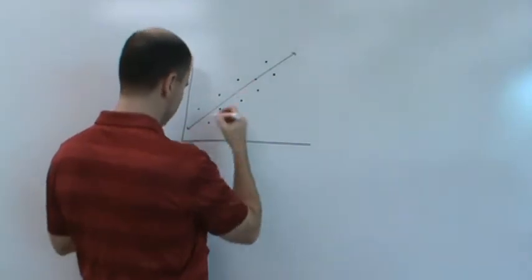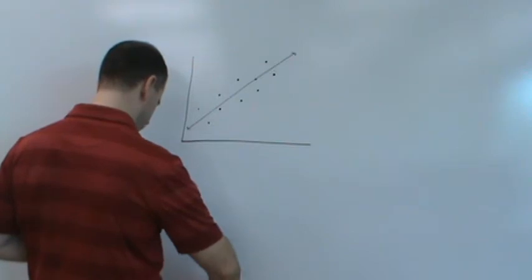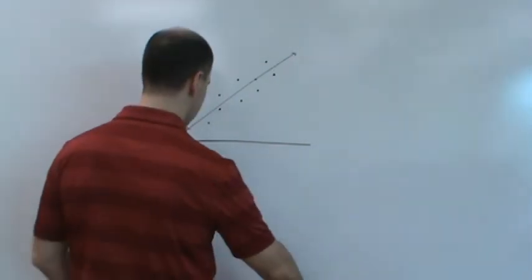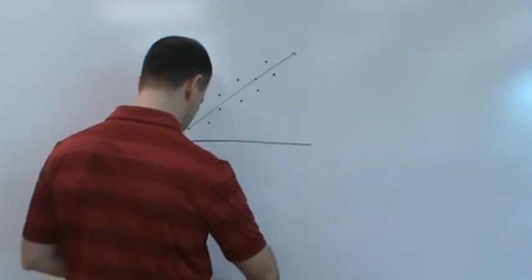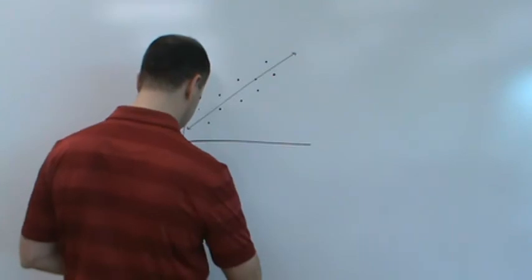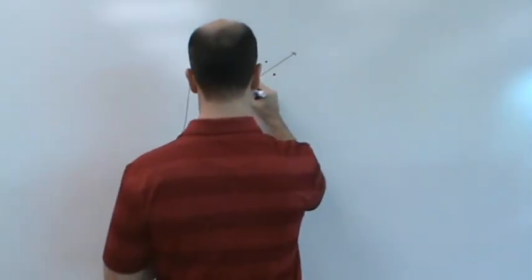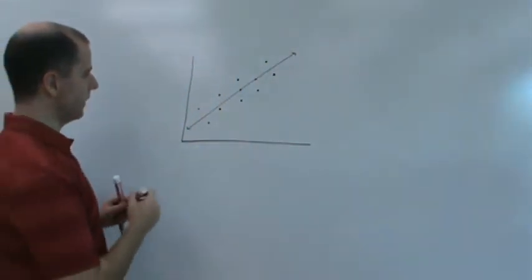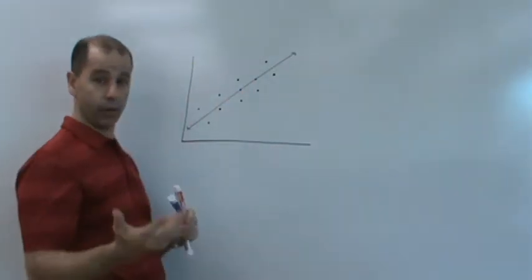So there's the dot. Let's say this is the dot that's predicted by the regression line.